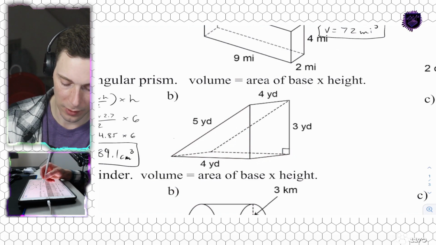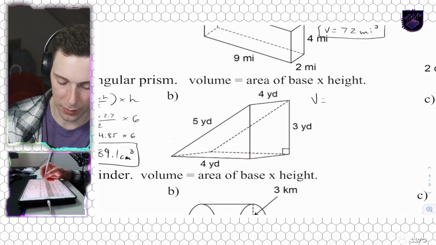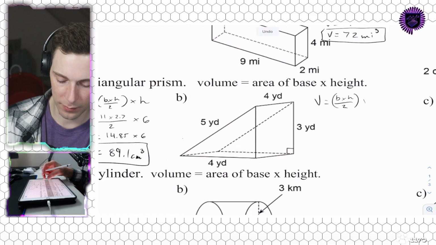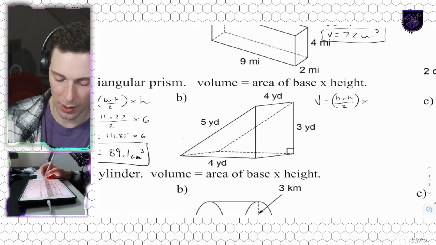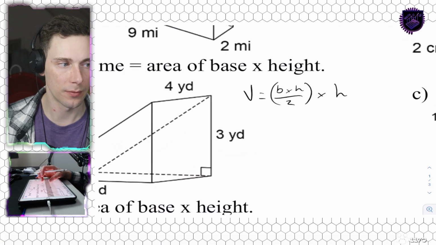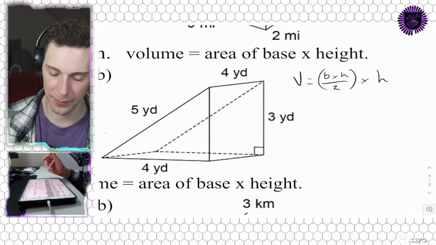The volume of this shape is going to equal base times height divided by 2, times the height of the whole prism.